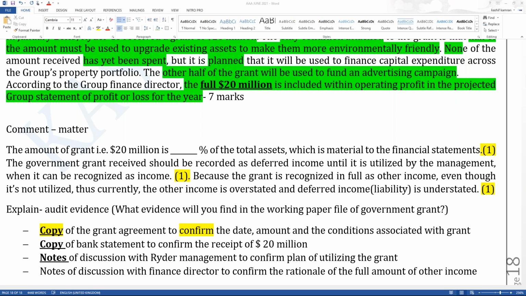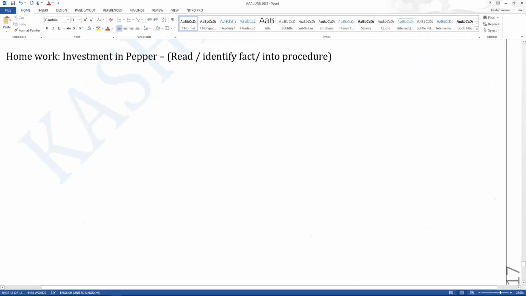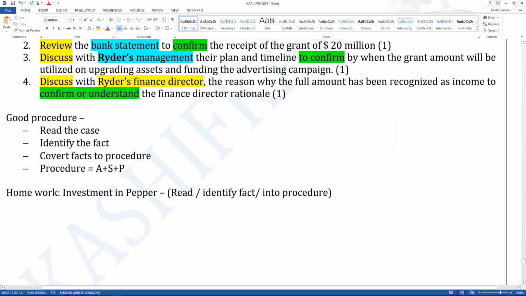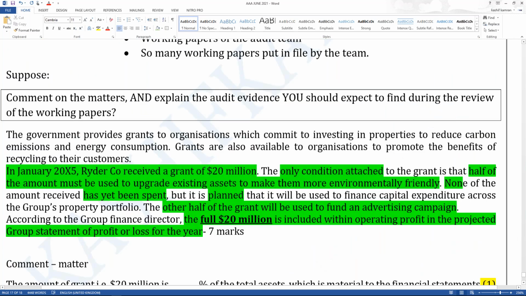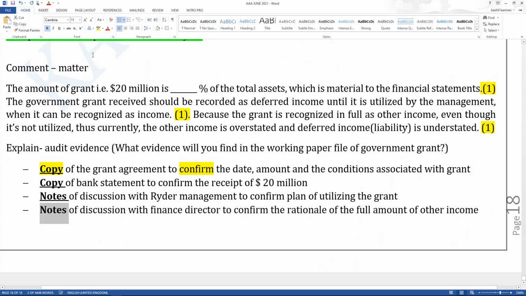And the last one, what else we had? Sorry, I'm just missing the point. The last point we had discussed with the finance director. Okay, that's the only thing. So if you are a manager, how many working papers have you found in the file? You found a copy, you found a copy, you found a notes, you found a notes.